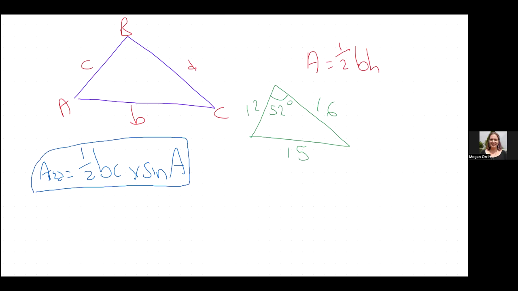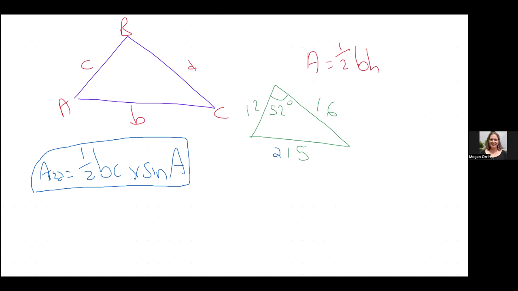If this is the angle I'm using, which is side A? 15, because I've only got one angle, so obviously the side opposite it is A. Do I need to use A? No, I am not allowed to use A.